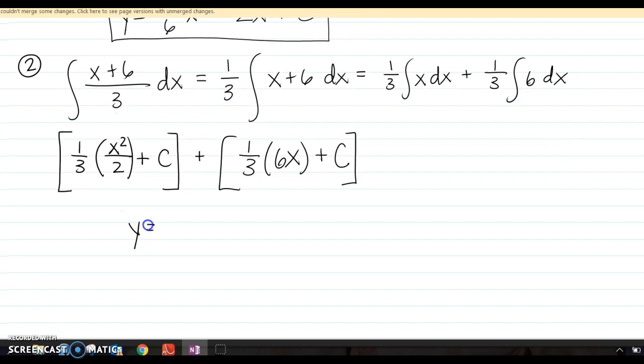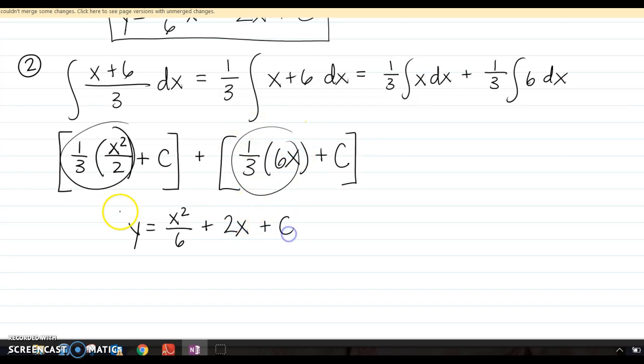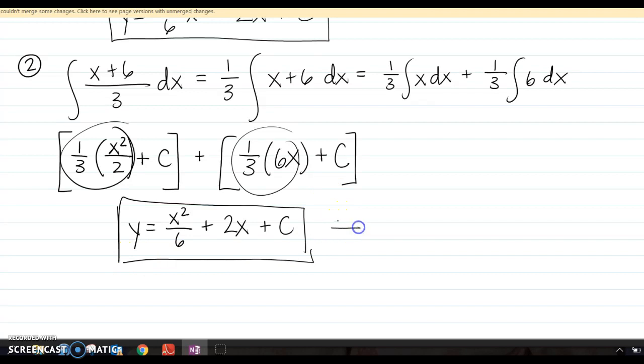So y equals this piece, which is x squared over 6, plus 1/3 times 6x, which is 2x, plus c. And again, I combine the c's because c plus c is still a constant.